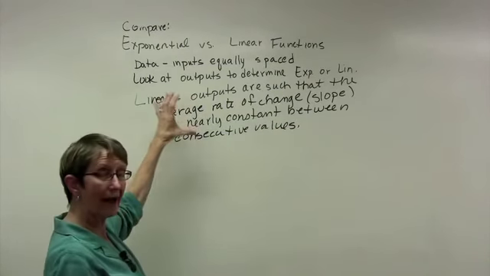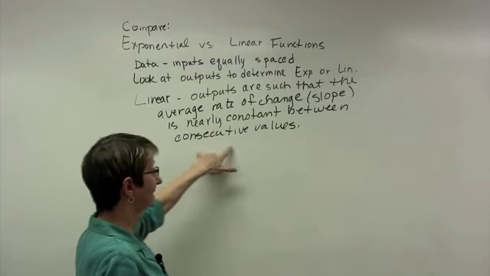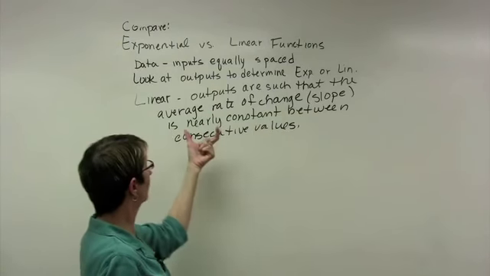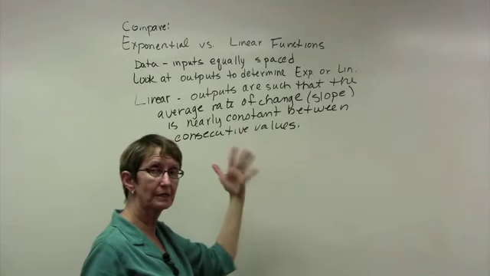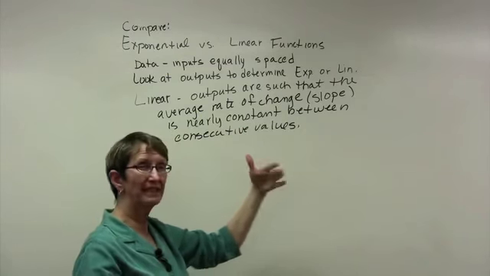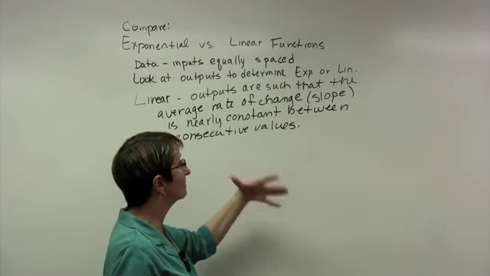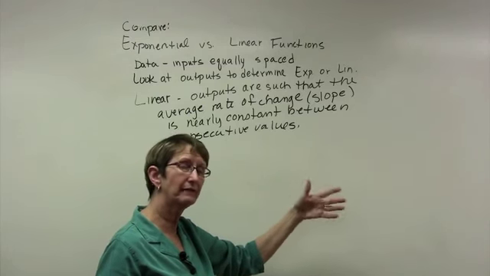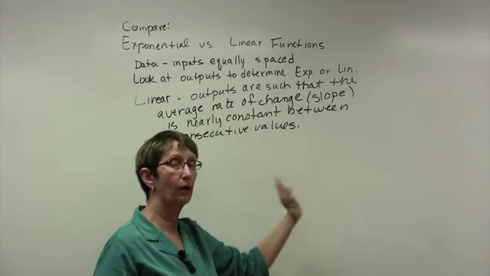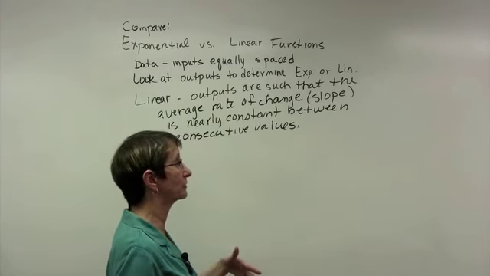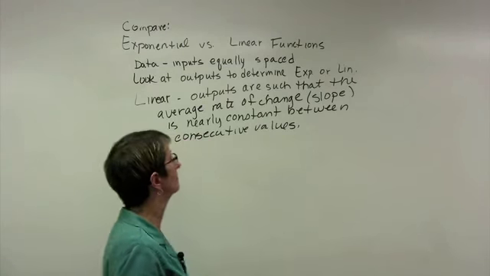So we're talking about our outputs, consecutive values, every pair, you do a rate of change, which is the slope, and the number should be nearly constant. We say that m is constant slope, but in real life data, sometimes when you round, they're constant, but if you don't round, they're not exactly constant.